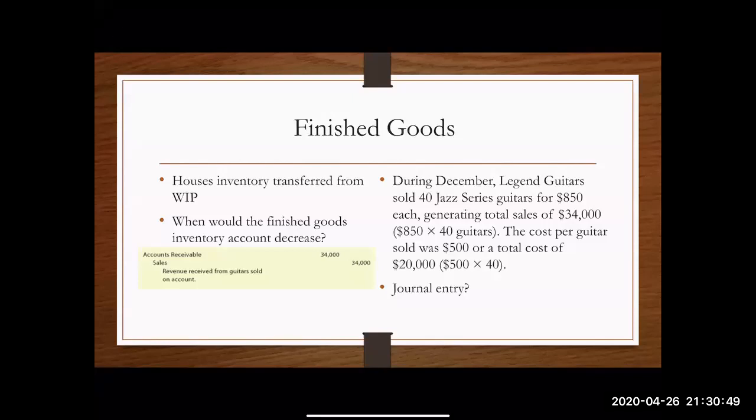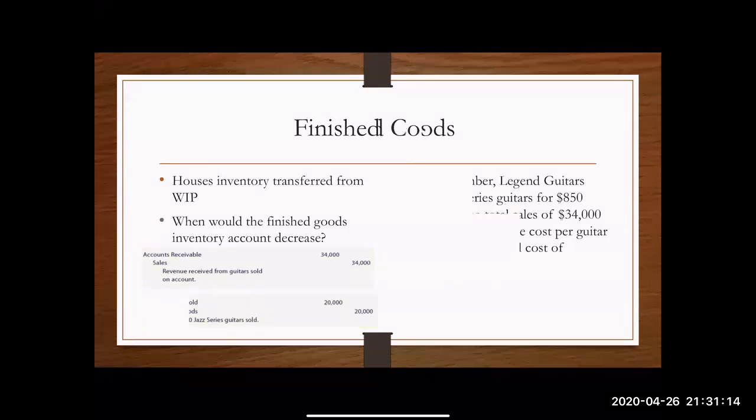So my journal entry to capture me selling this product to maybe my customer is a debit to accounts receivable and a credit to sales. And then I also have to capture the cost of goods sold. So remember Accounting 1A, we had to recognize the cost associated with selling these jazz guitars, right? Or sorry, the 40. So the way we're going to recognize that is a debit to cost of goods sold and a credit to finished goods.